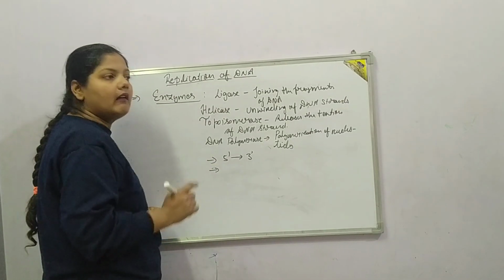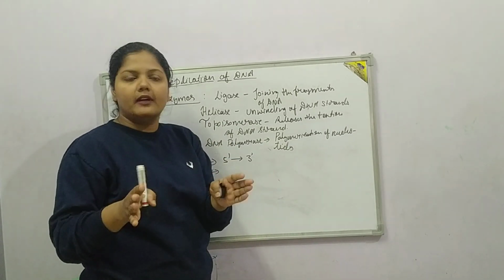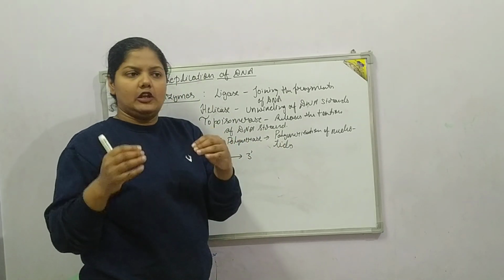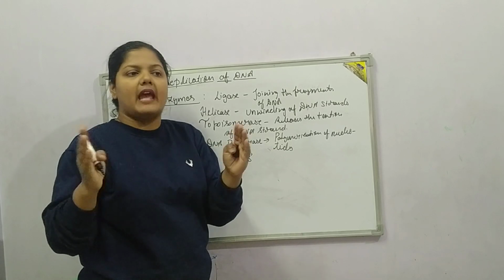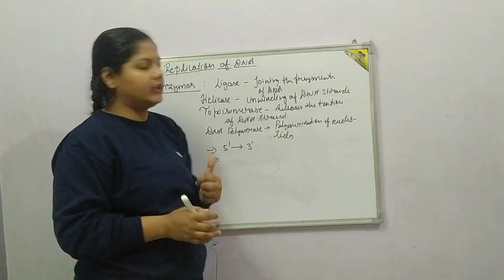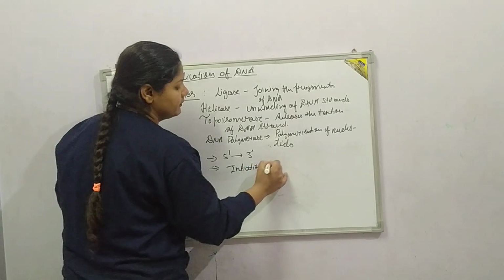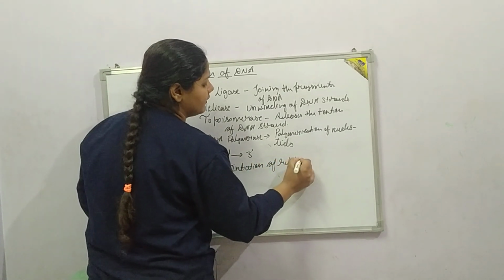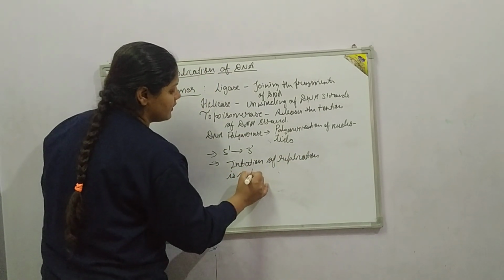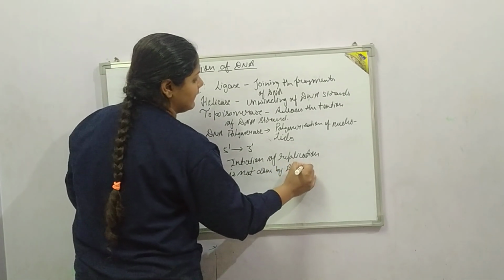Second limitation is that it is not capable of initiating replication, or we can say that it is not able to gather the first nucleotide which is required in replication. Fine. So initiation of replication is not done by DNA polymerase.